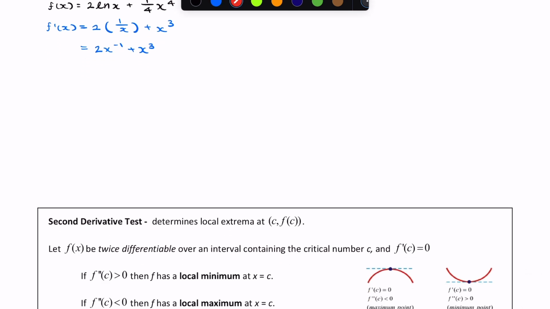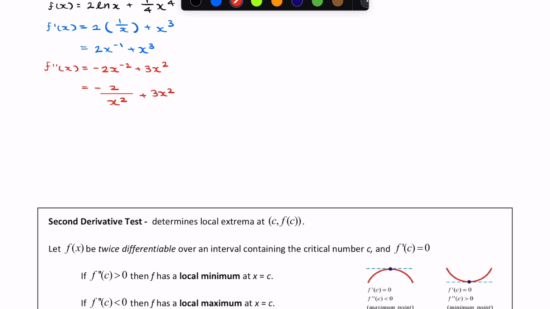Now let's find the second derivative, so f double prime of x, and that'll be equal, bring the negative 1 down, we have negative 2x to the power of negative 2, plus, bring the 3 down, 3x squared. So here we'll write it as negative 2 over x squared plus 3x squared.